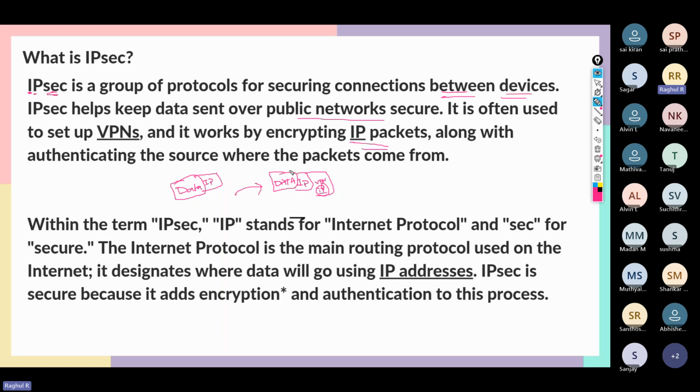So if anyone sniffs the data, they can't view the original IP because it's completely encrypted by the VPN. The VPN header will have some IP addresses that will be used for transmitting and receiving the data. Also, we have an authentication mechanism when we send a packet.